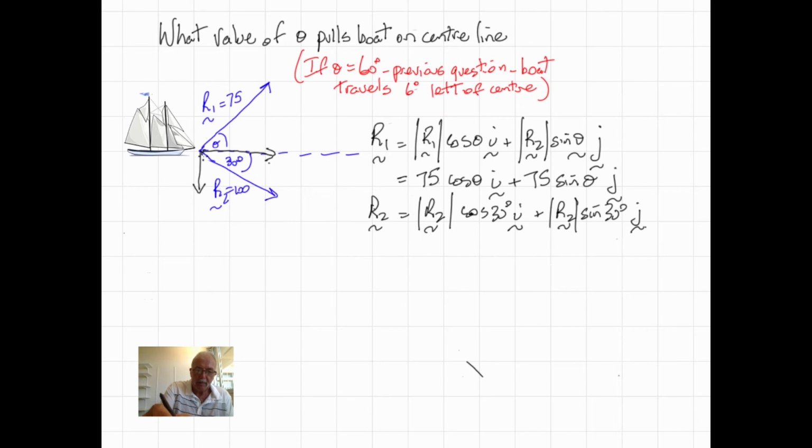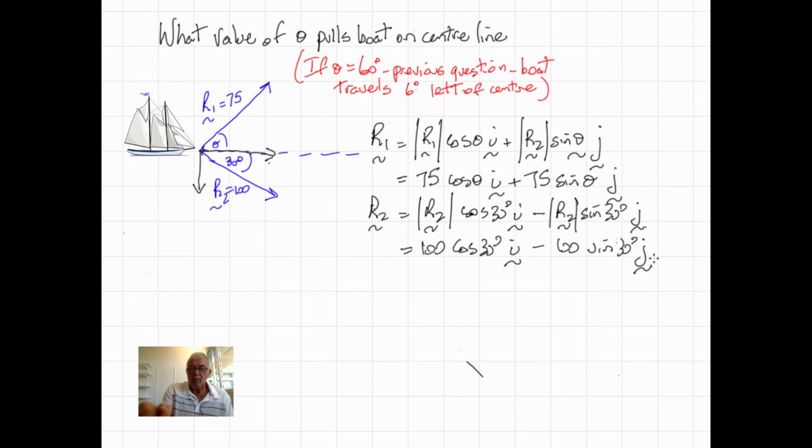So this is my J component coming down. Now, because it's coming down, that means that this part here must be a minus. The J component of this force is going to be in the negative J direction. So that one must be a negative. So that's something you should be careful about. R2 is 100 cos 30 degrees I minus 100 sine 30 degrees J.